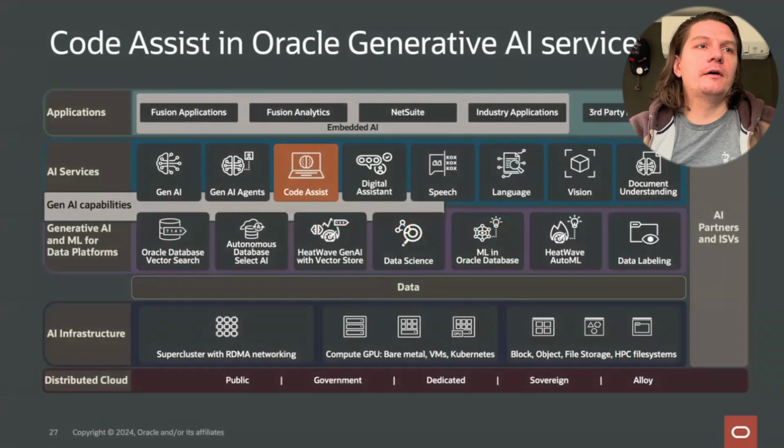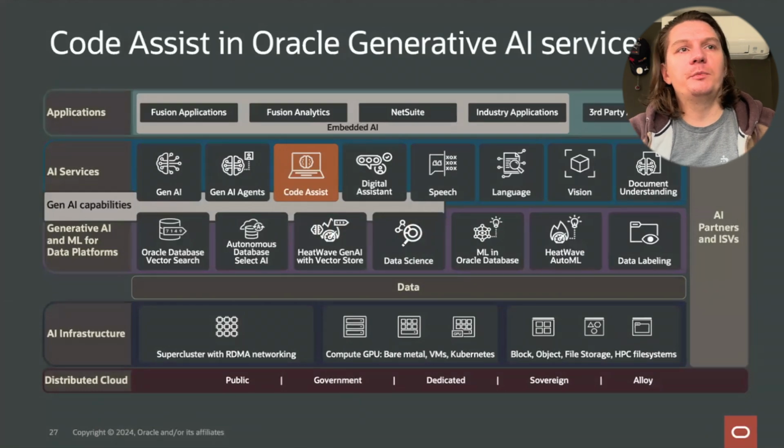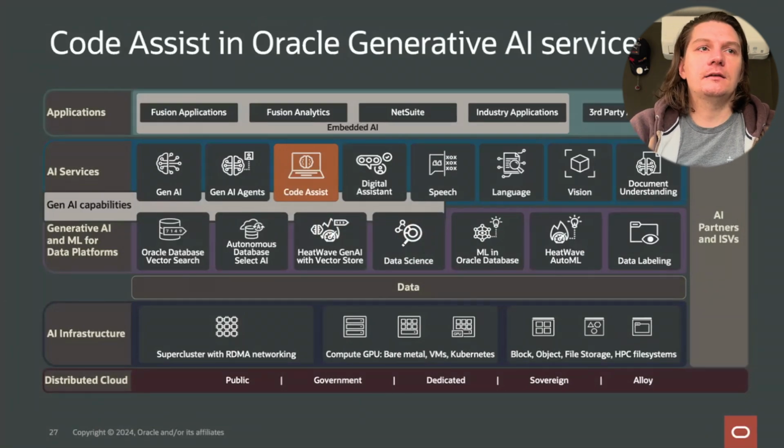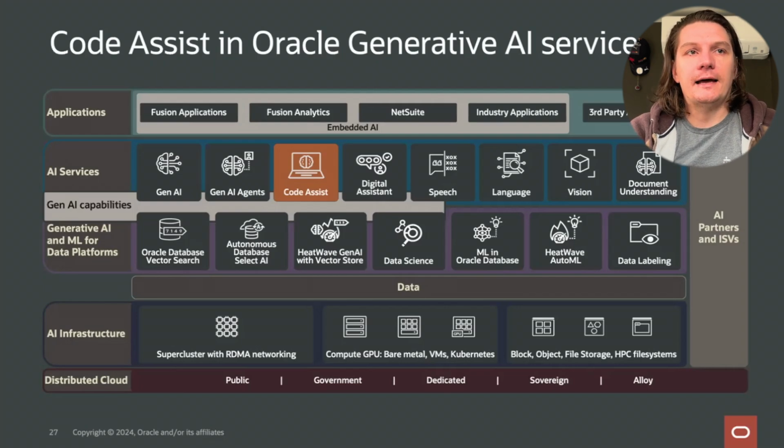Switching up a little bit in terms of where it actually sits, Code Assist as a service. As Oracle, we now have various layers of the AI services that we provide, and Code Assist is essentially going to be sitting within that space.